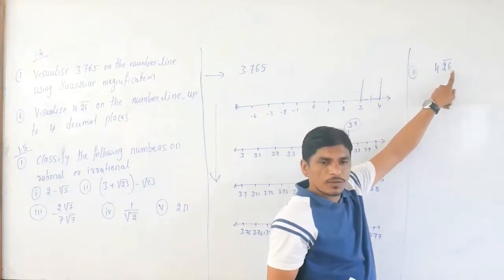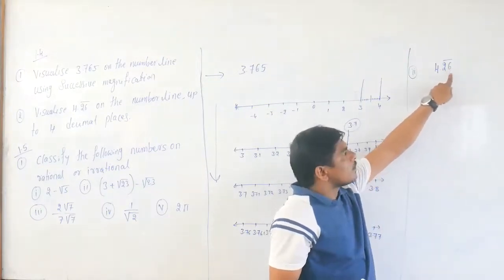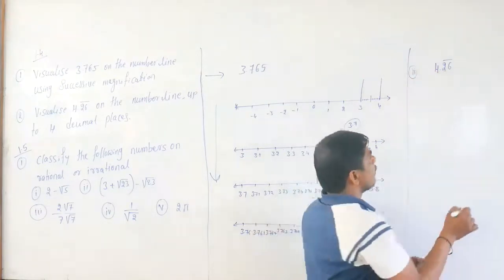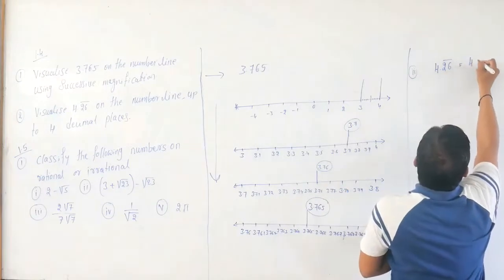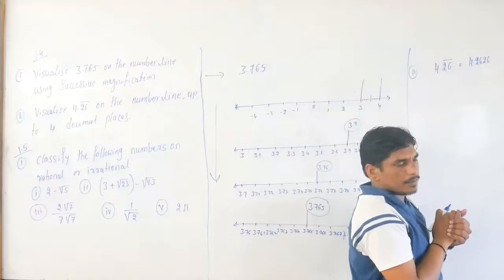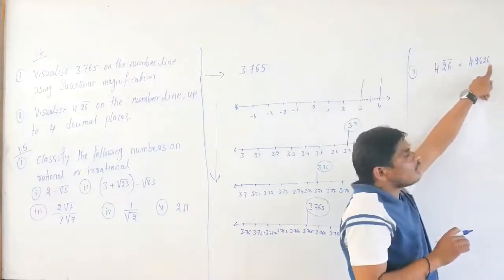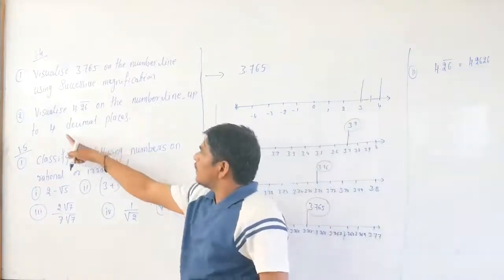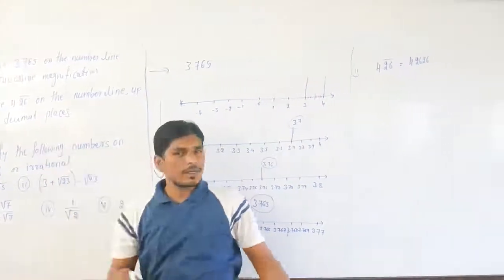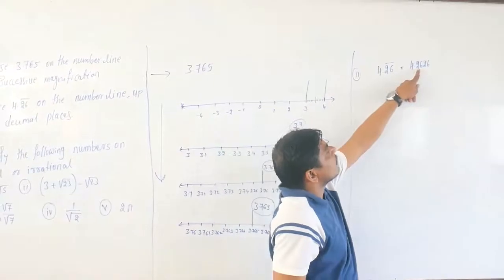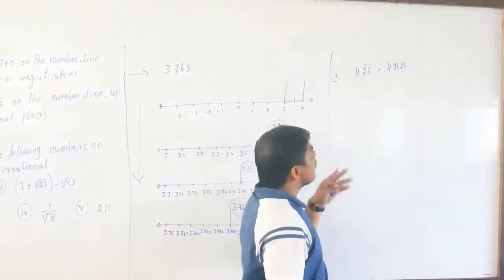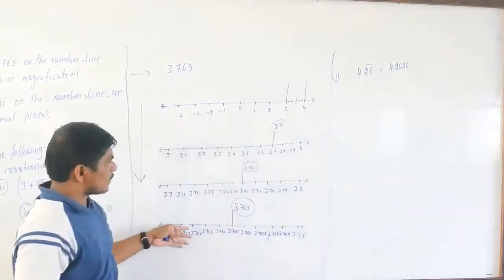The bar is over the 26, so both digits are repeated continuously, giving 4.26, 26 and so on. Why do we write only 4 digits? Because according to the problem, only 4 decimal places are needed. So you take 26 and 26, only 4 digits. Similarly, you do the magnifications.